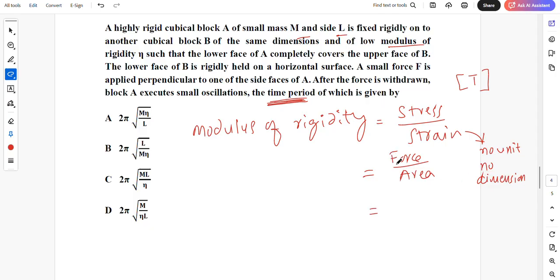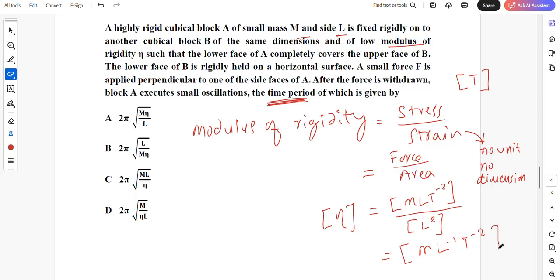What is the dimension of force? M L T to the power of minus 2, divided by area, which means L square. That is eta. Therefore, the dimension of eta will be M L to the power of minus 1 T to the power of minus 2. Dimensions of eta we got.